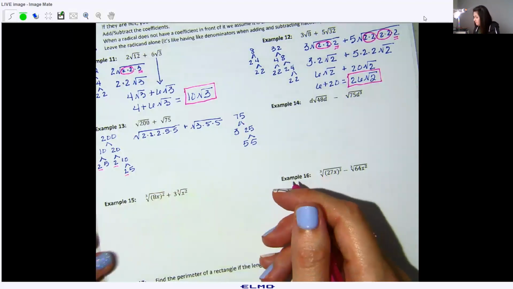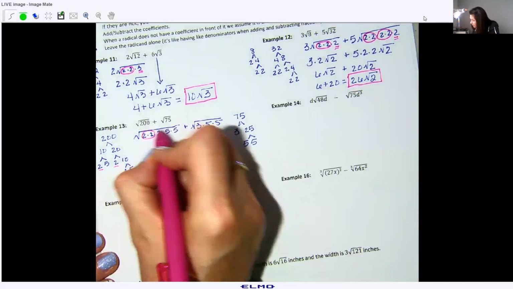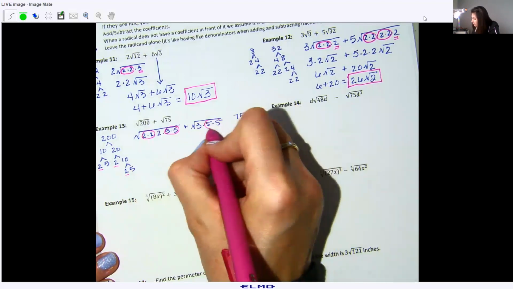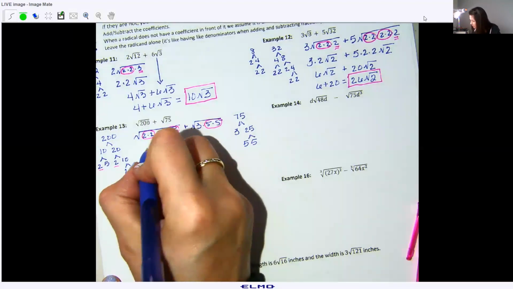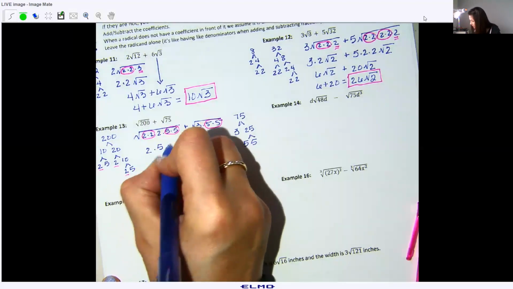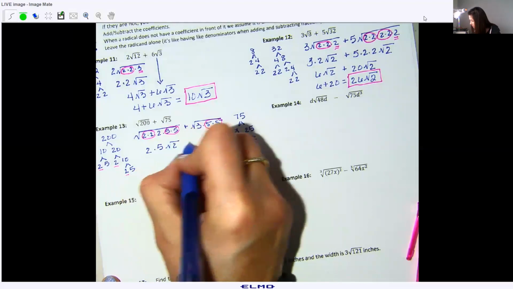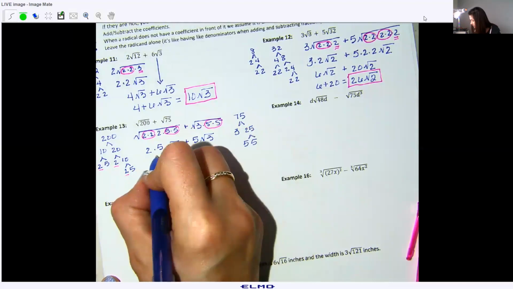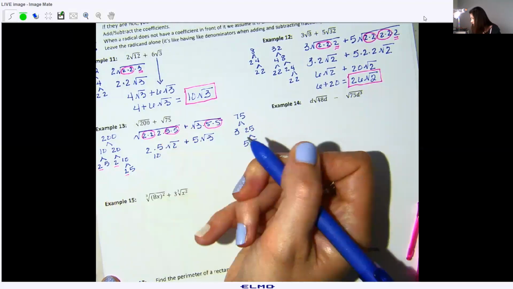Okay, now I'm going to pair up my numbers. So I end up with a group of 2s and a group of 5s here and a group of 5s here. So I'm going to pull those groups out. So 2 times 5 square root of 2 plus 5 square root of 3 gives us, this is 10.